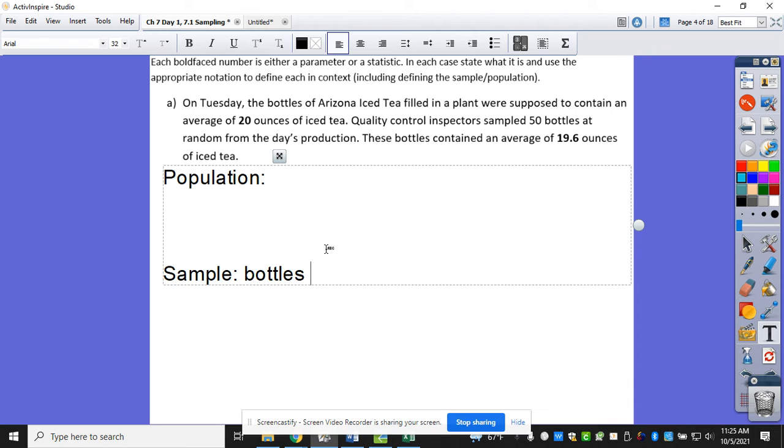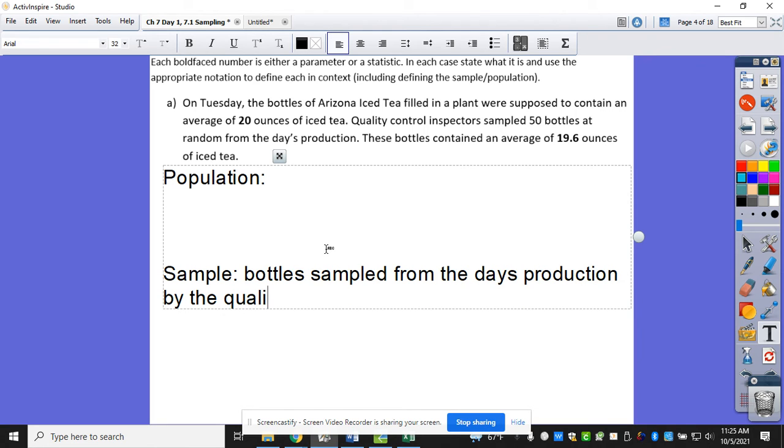Bottles what? More specific. By who? That one gives me a lot more specific wording than the last problem did.